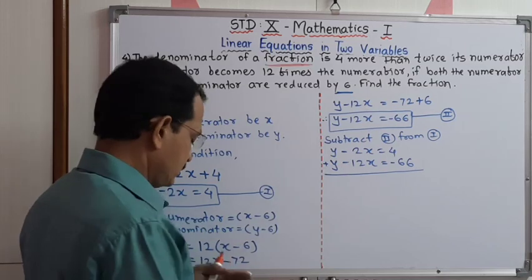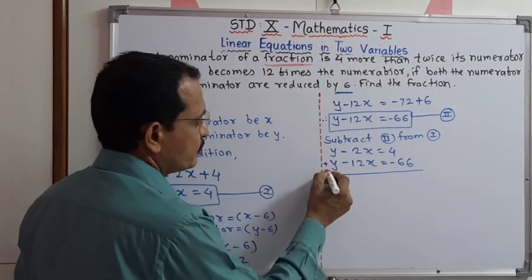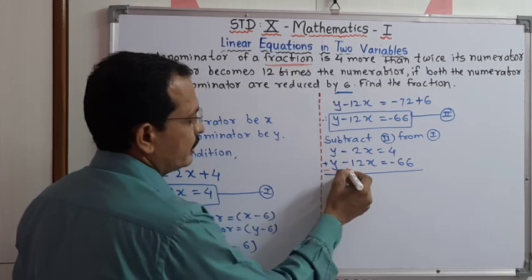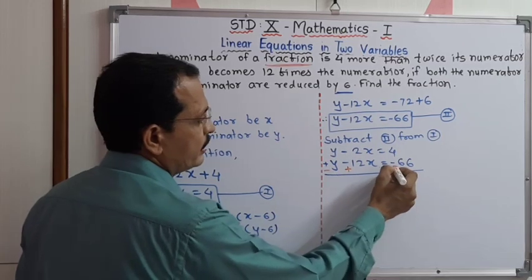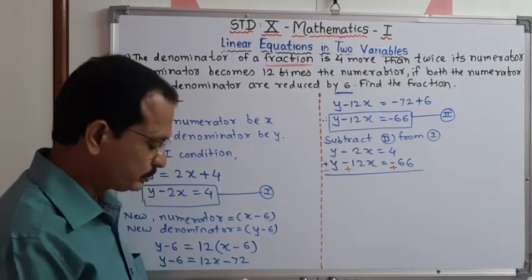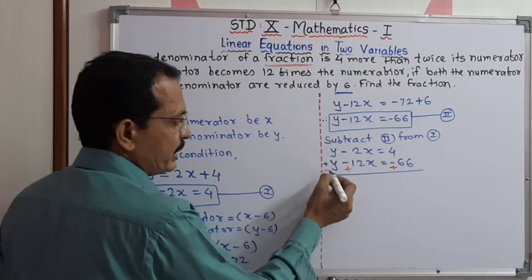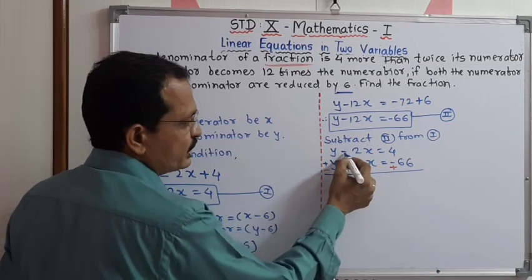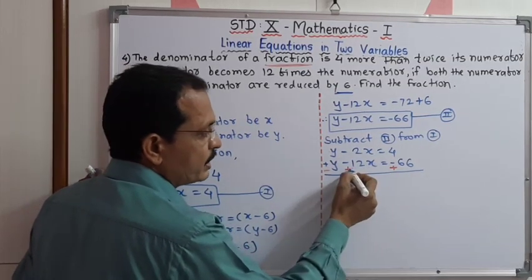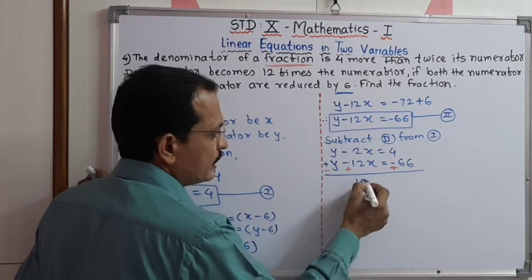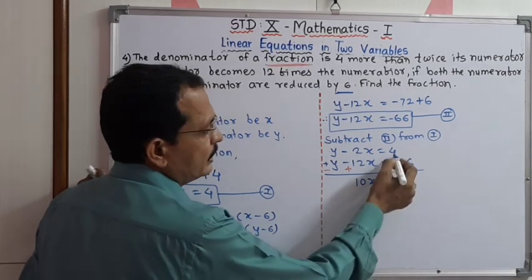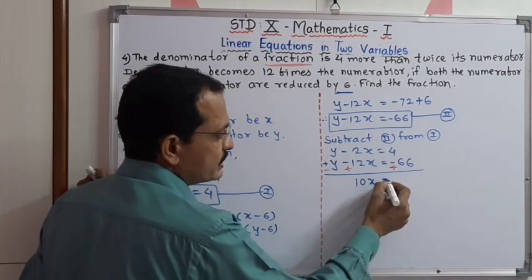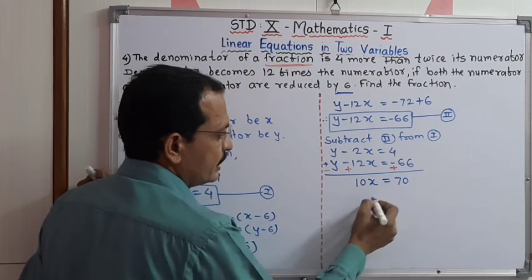Now y minus y is eliminated, minus 2x and plus 12x is 10x. Then here it is plus 4 and plus 66, it is 70.